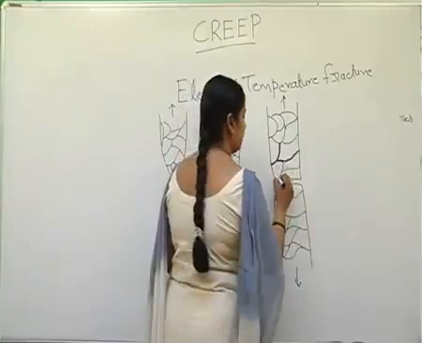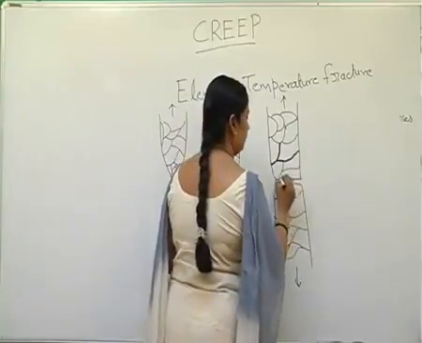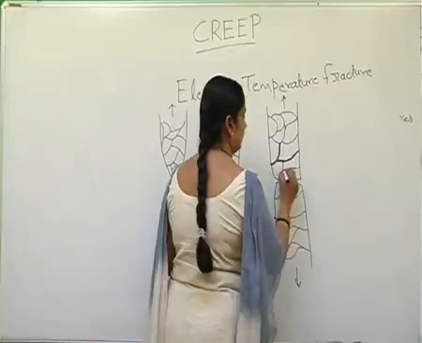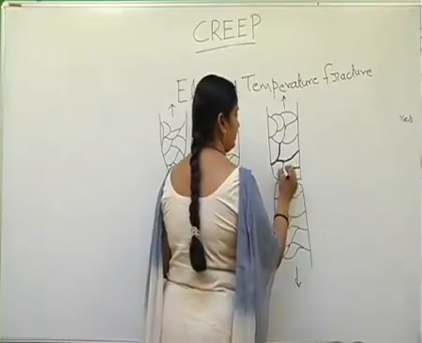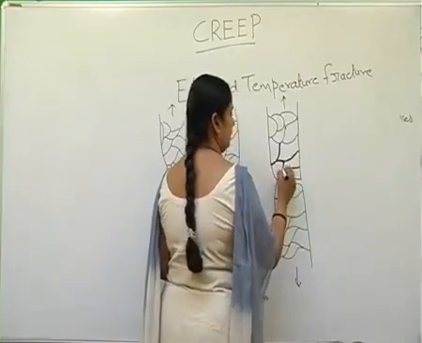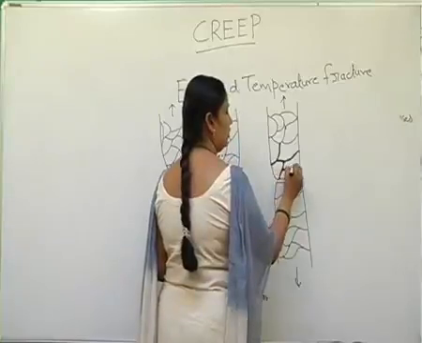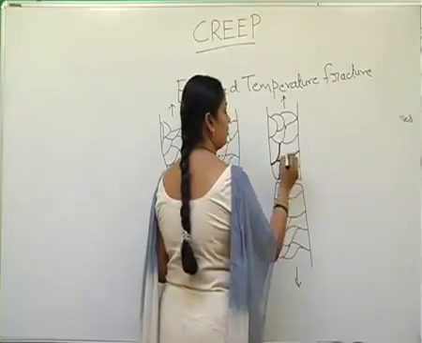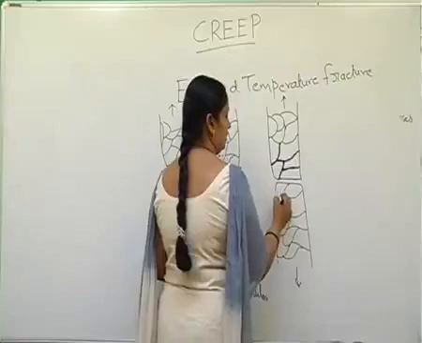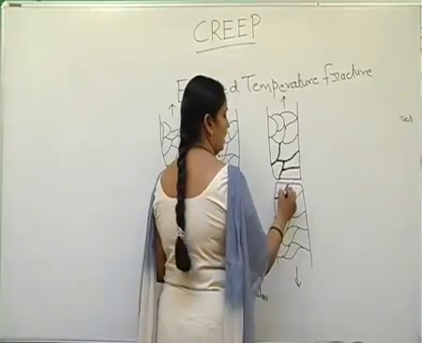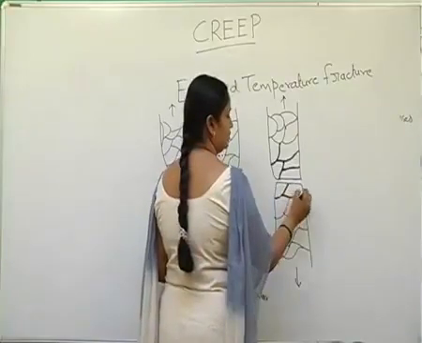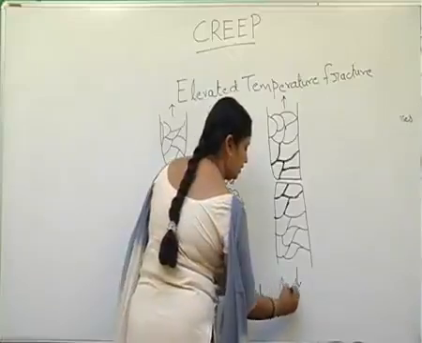So this dark line indicates that the voids have nucleated, grown in size, coalesced, and the material undergoes fracture along the grain boundaries. So this is intergranular fracture.